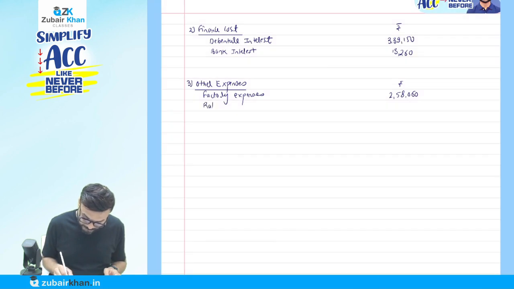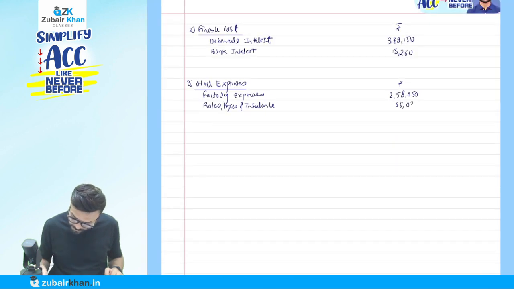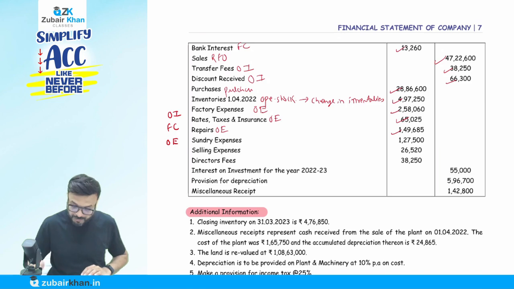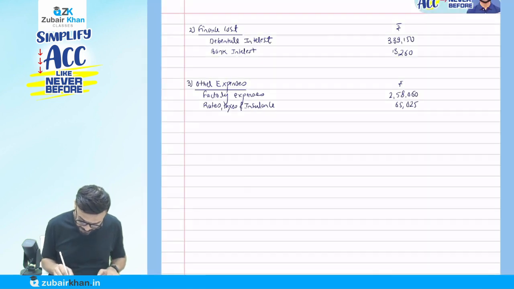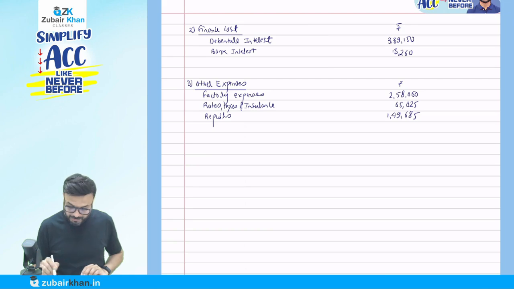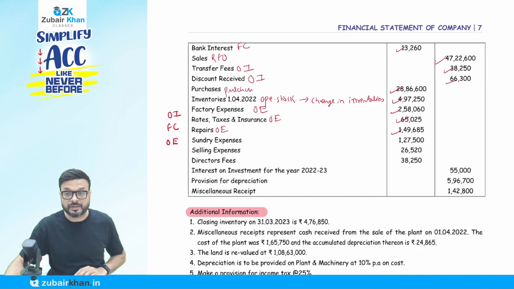So rates, taxes, and insurance, 65,025. Then repairs, other expenses, 1,49,685. So write down repairs, 1,49,685.